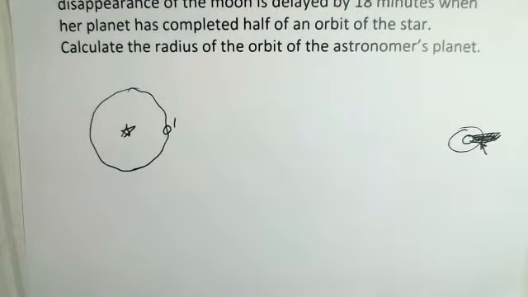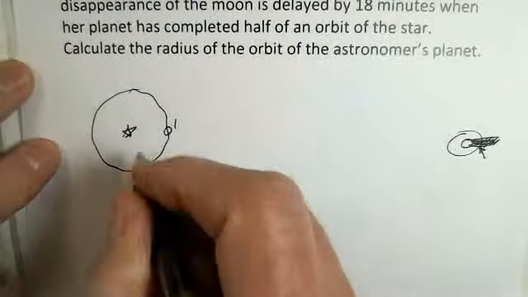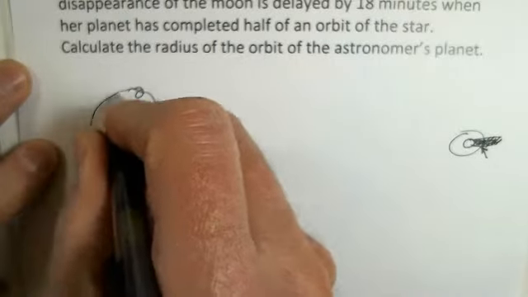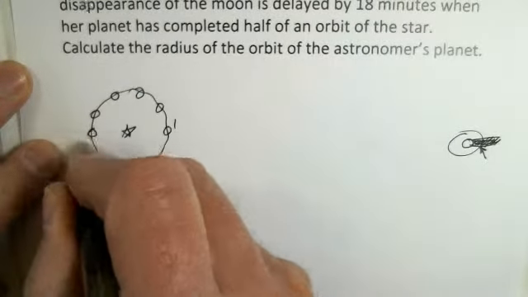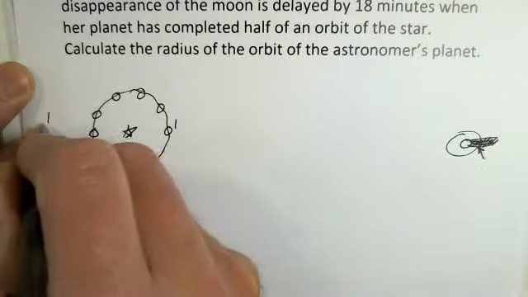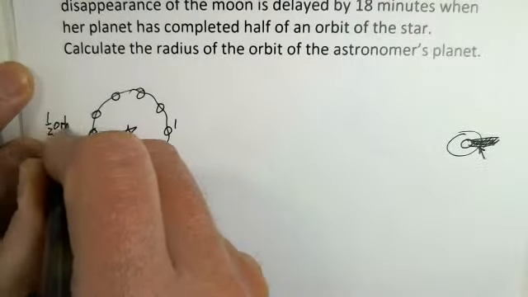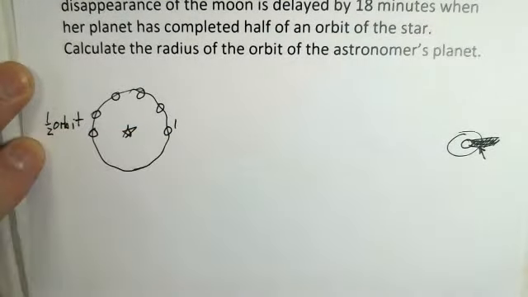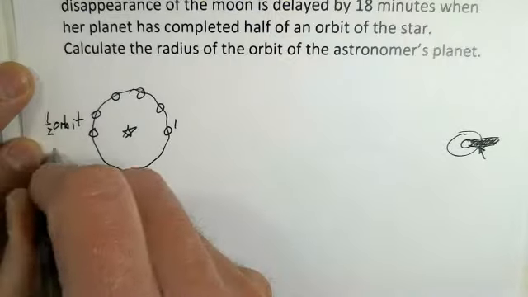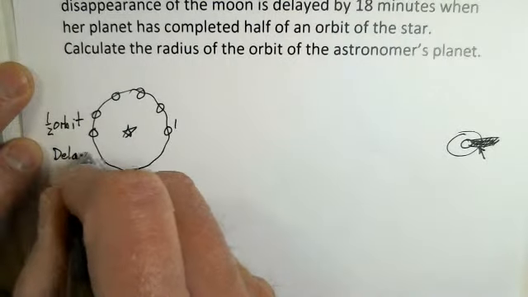We want to see that occur over and over, and we want to watch as the astronomer's planet moves over to this position, half of the orbit. At this time, now there's a delay of 18 minutes.